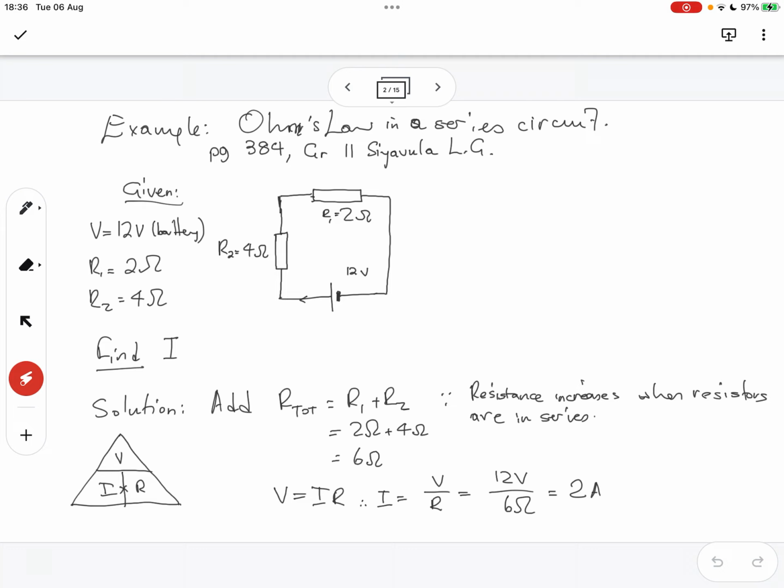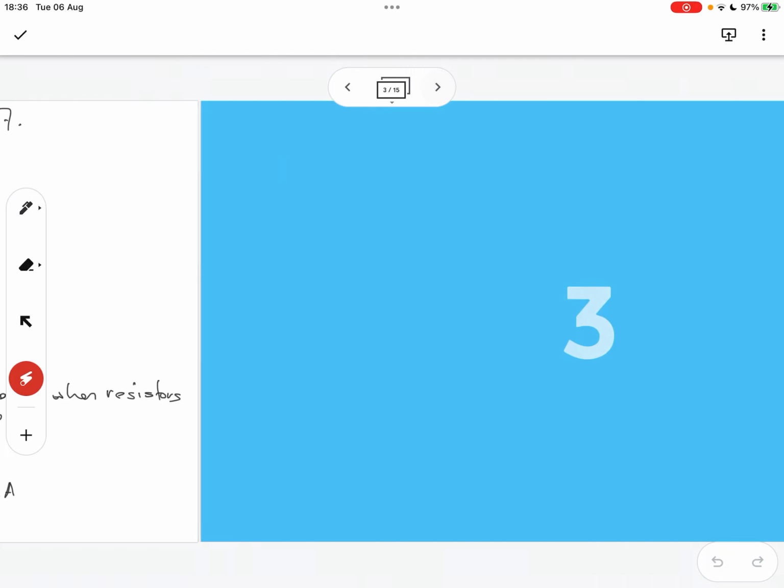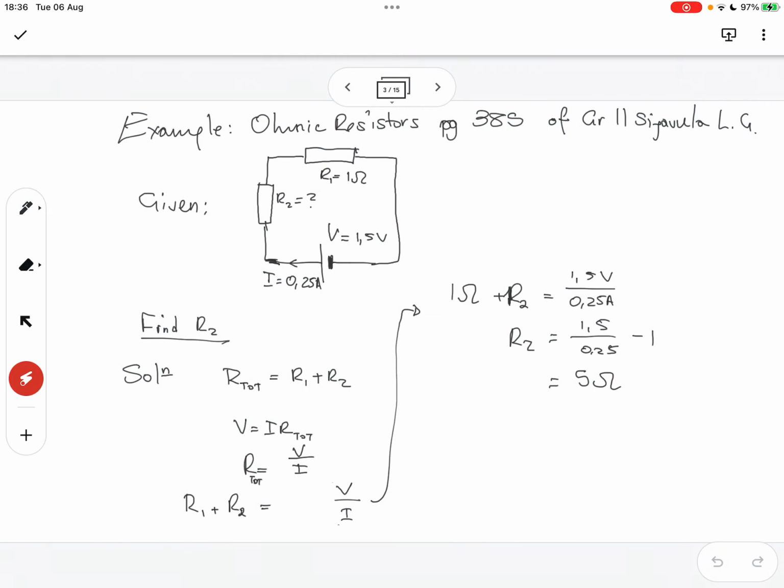Next slide. Then we did a couple of ohmic resistor calculations from a grade 11 learning guide, and this one is where you have to find the current. The second type of example, on the next slide, is where you're given one resistor and another is unknown, but you have the voltage in the circuit and the current, and you can find the resistance of that resistor.